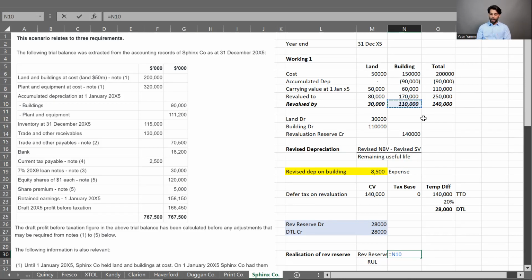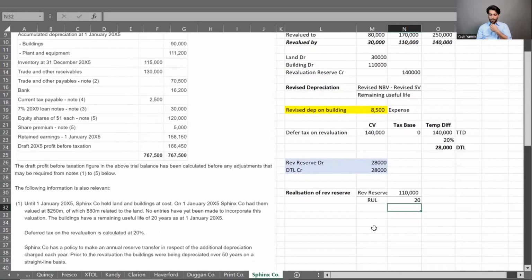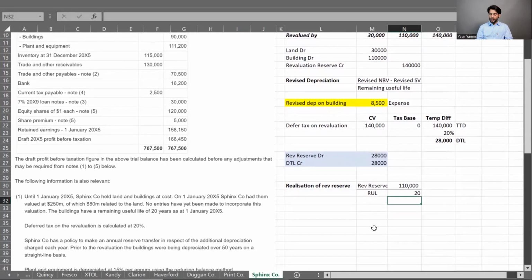And if I make a bottom border again, what is my remaining useful life? If anybody remembers, my examiner said it's 20. So revaluation reserve divided by remaining useful life, and that would be 120,000 divided by 20.